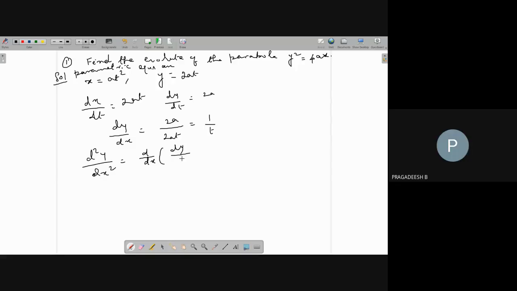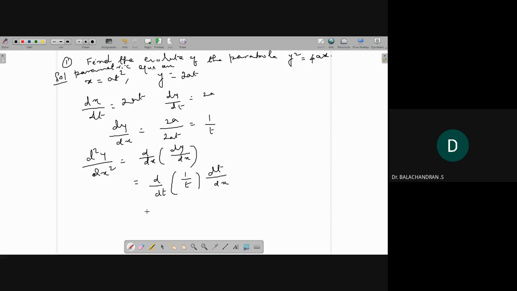This is actually a function of t, so d by dt of dy by dx is 1 by t, into dt by dx.